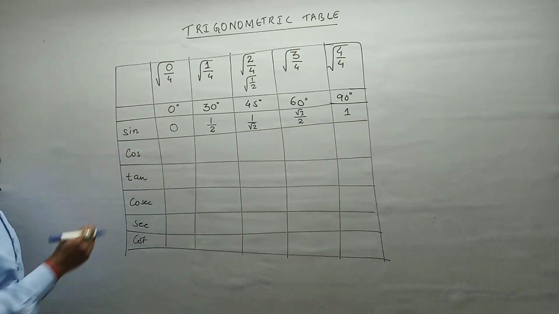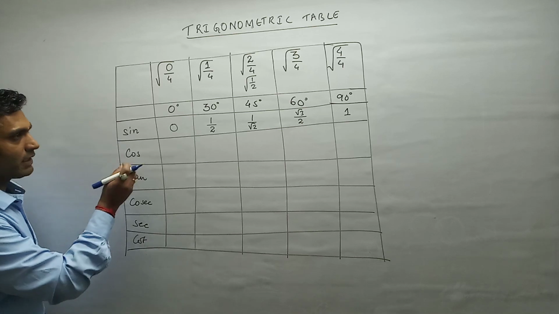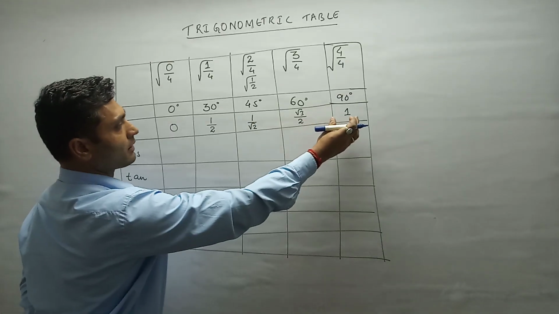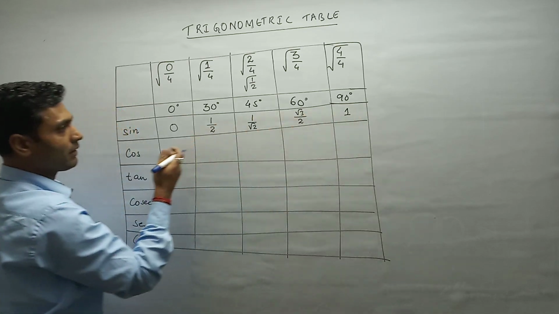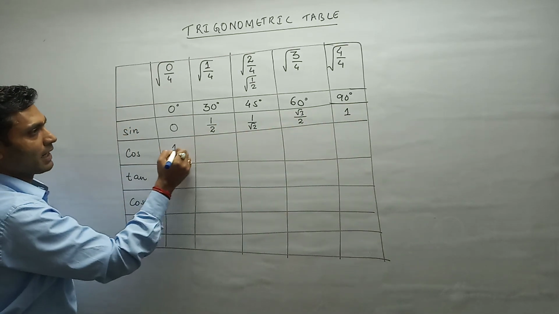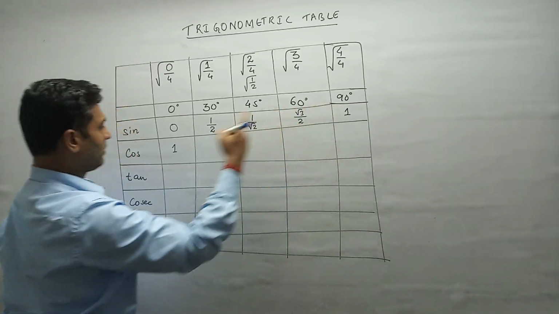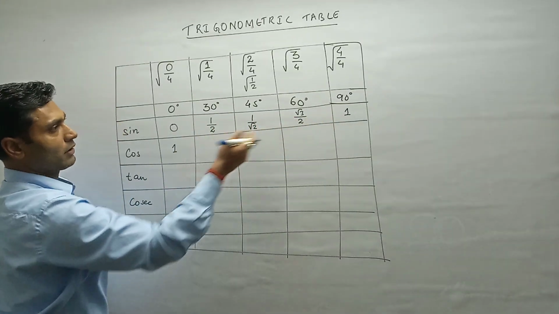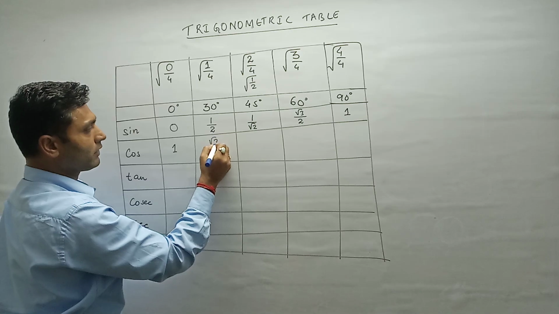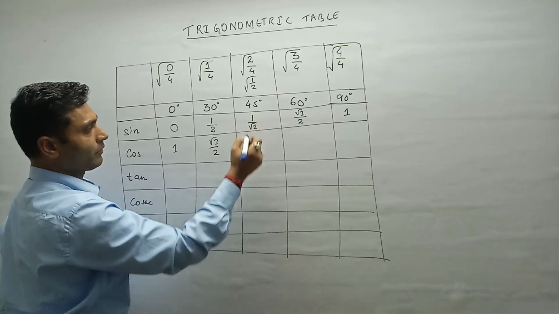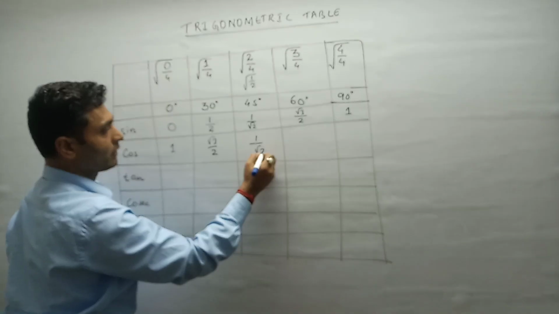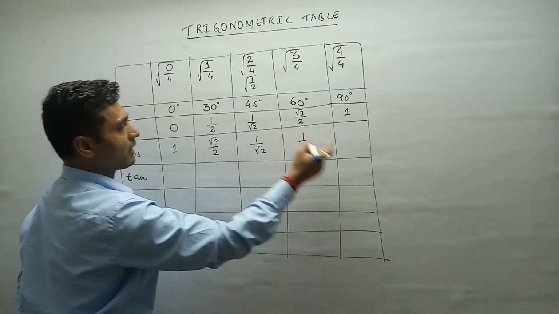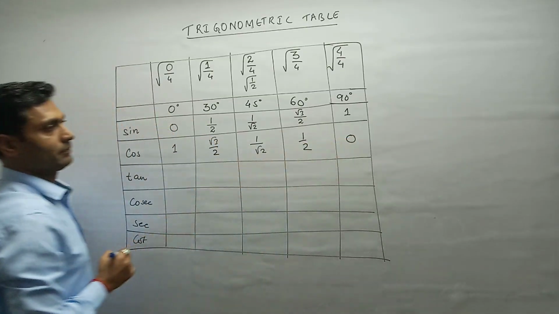So now how to find out cos? It's very simple. We will write the values of sine just in the reverse order. Like sine 90 we have 1, so that is equal to cos 0. We'll just write in the reverse order. This will be root over 3 divided by 2, this is 1 by root over 2, this is 1 upon 2 and this will come out here, that is 0.